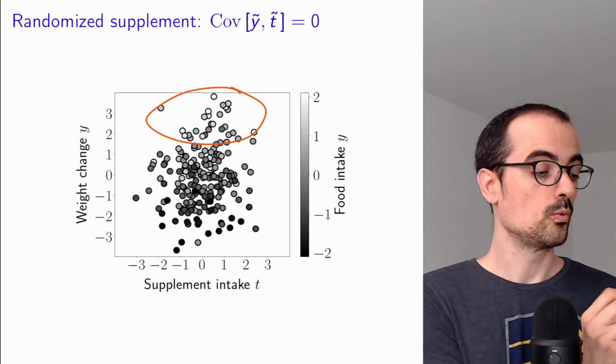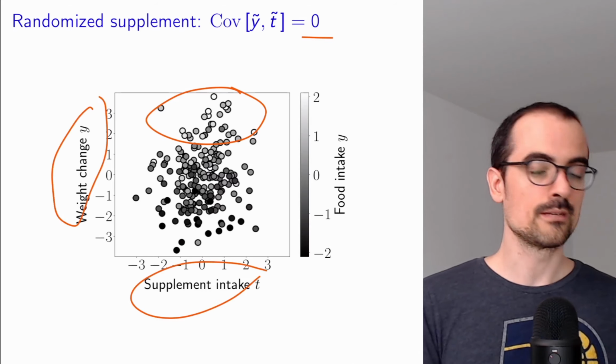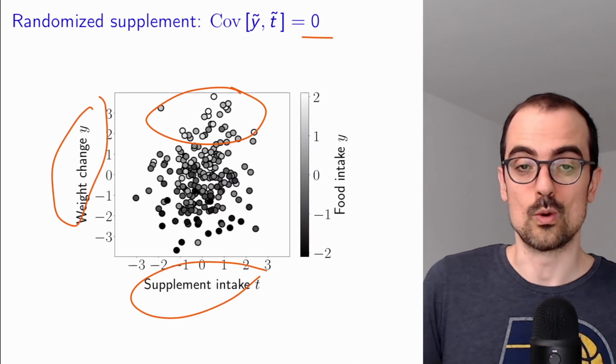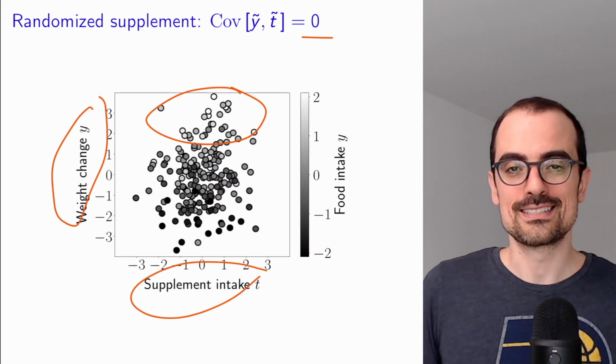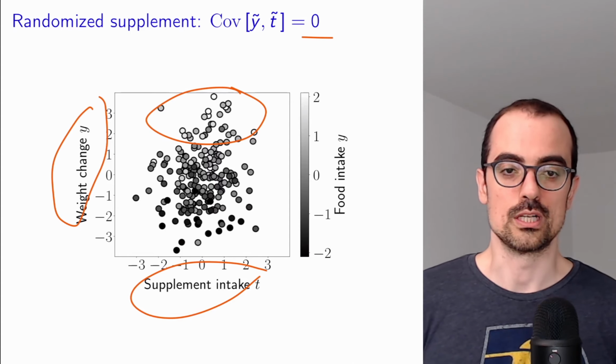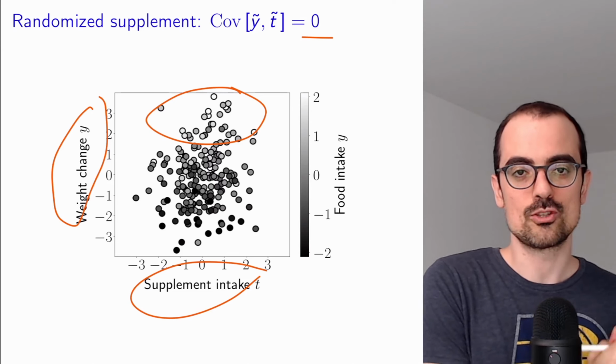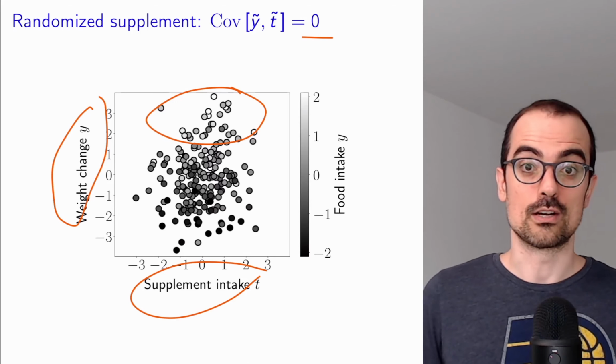Hence we observe a 0 correlation between the weight change and the supplement, as we would want to. And this reflects the fact that the supplement and the weight change are not causally related. But this is only because we managed to randomize the treatment so that it was independent of the confounding factor.